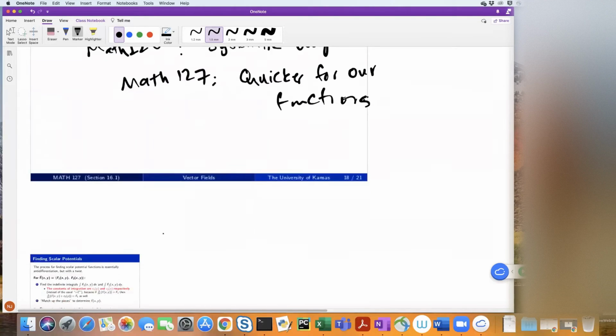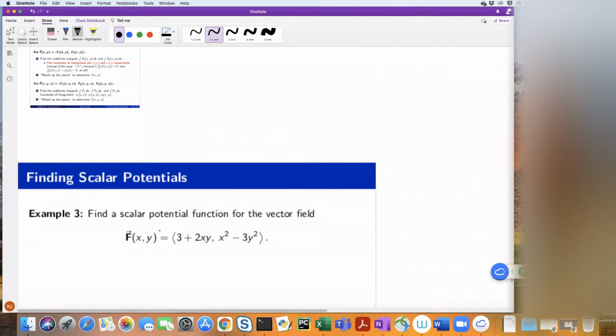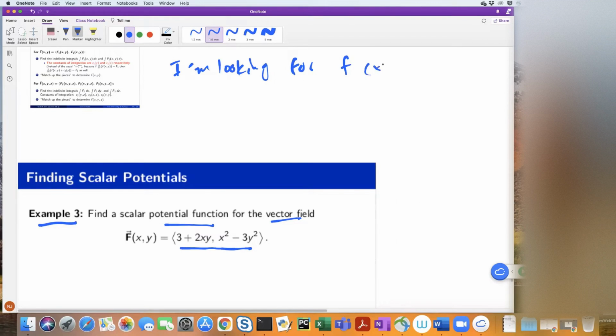And so now let's start with a question like this. Example 3, find the scalar potential function for the vector field that is that. Okay, so what is a potential function? I'm looking for f of x and y.